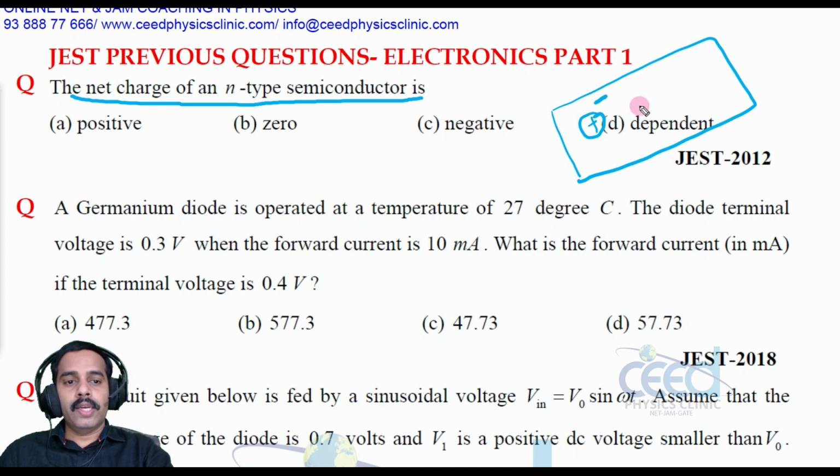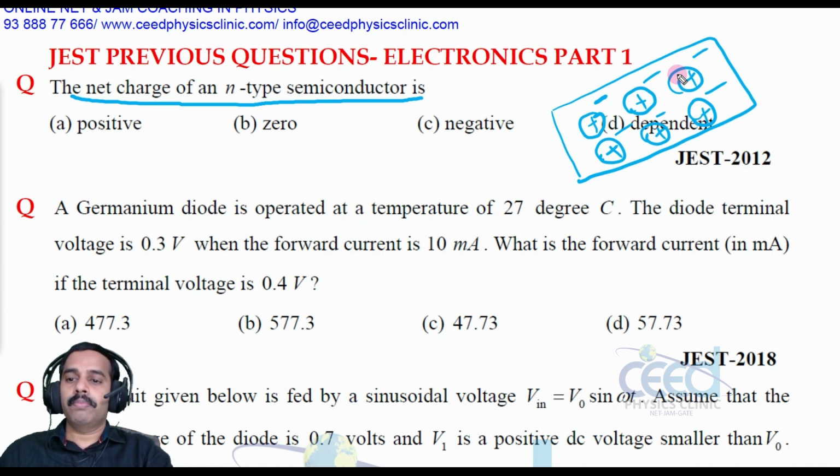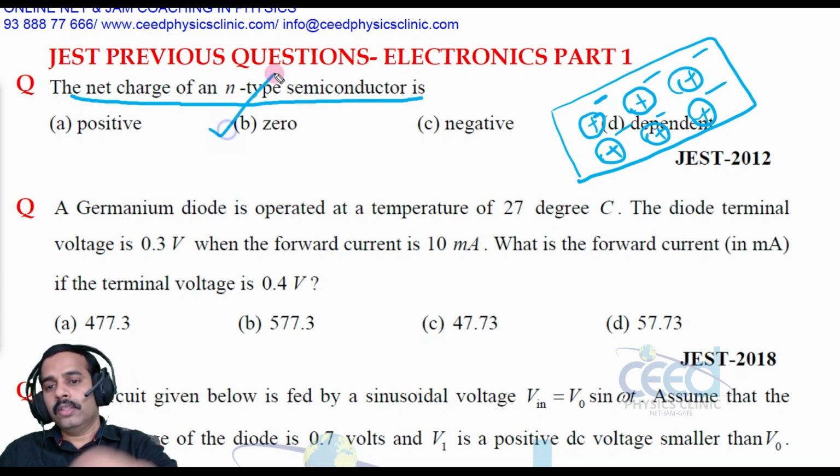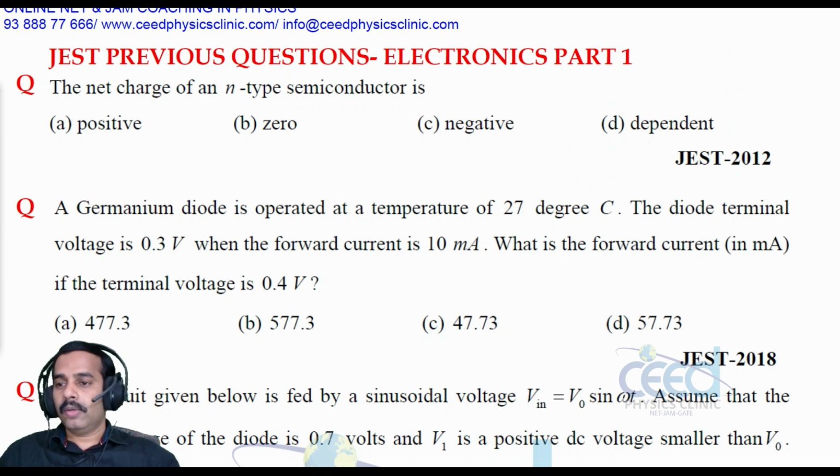Similarly, in the entire semiconducting structure we have a number of pentavalent impurity atoms with corresponding donated electrons. So when you look at this structure, the net charge is 0. If you consider a p-type semiconductor also, there too the net charge is 0. This is a simple question and it was asked in 2012.